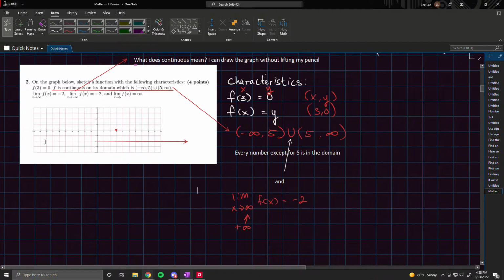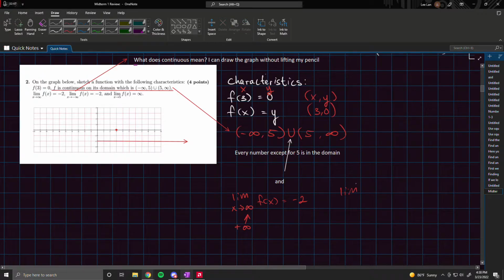I don't know about negative infinity yet because all it says is positive infinity. So I can't say anything about the left side of the graph, but for the right side, I know for sure that as x values get larger and larger, my y value approaches but never quite touches -2. Okay, and let's look at the next section.